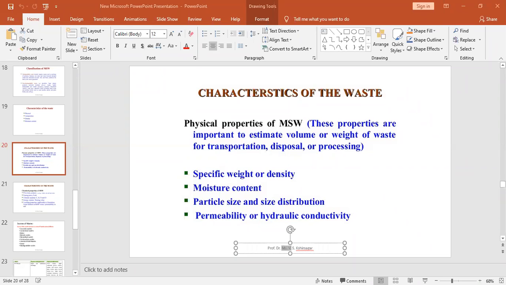Actually, in fluid mechanics you might have studied hydraulic conductivity, or you might have studied it in geotech while studying the nature of soil. I have written somewhere separate slides on that.